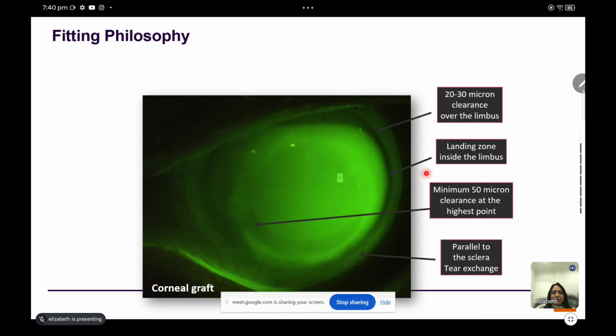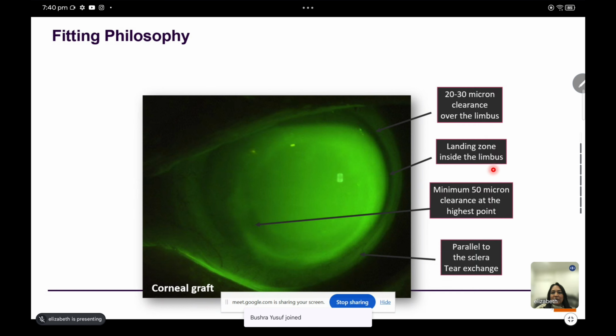The fitting philosophy behind an oblate lens is a little bit different to what you would find with a scleral lens or with a corneal lens for that matter. So with the fitting philosophy with an oblate corneoscleral lens, we want to have at least 20 to 30 microns over the limbus. So very thin clearance where the lens just floats over the limbus.